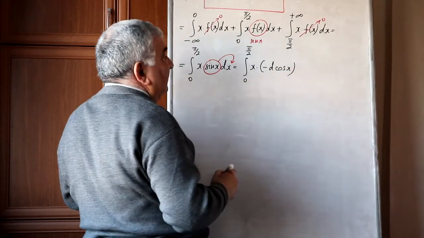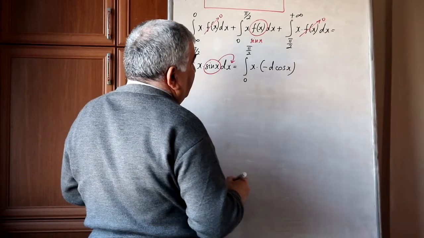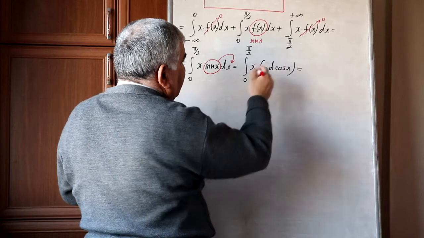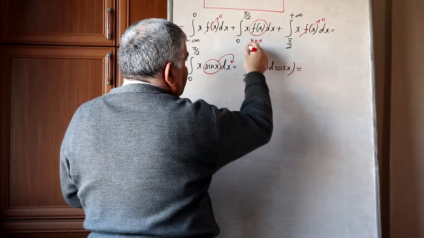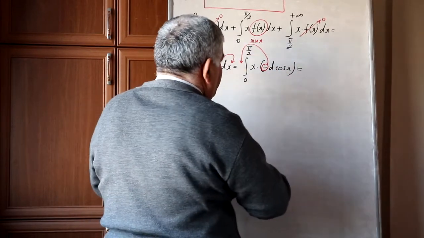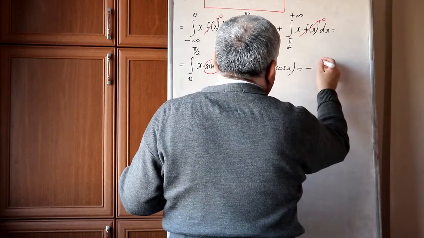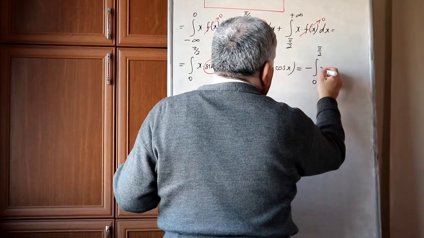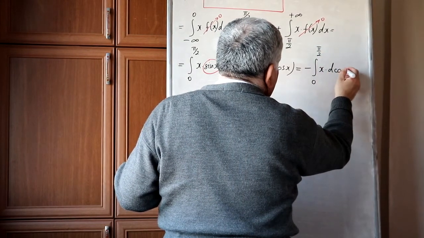It is an antiderivative. Then take the negative sign out of the integral symbol. We have minus integral from 0 to pi in half of x multiplied by d cosine x.